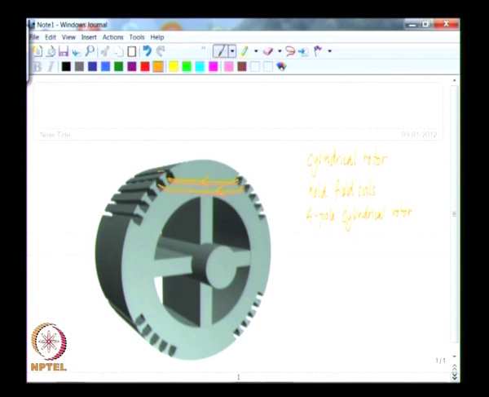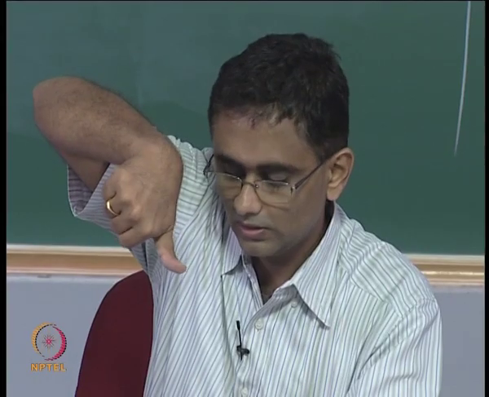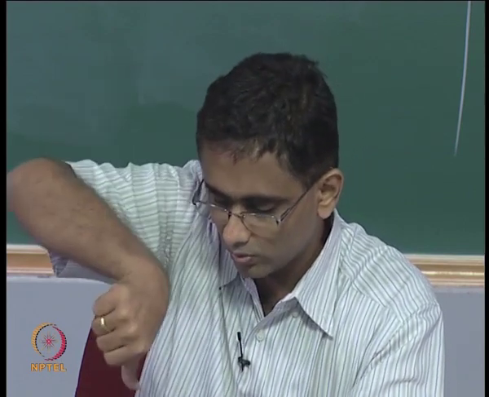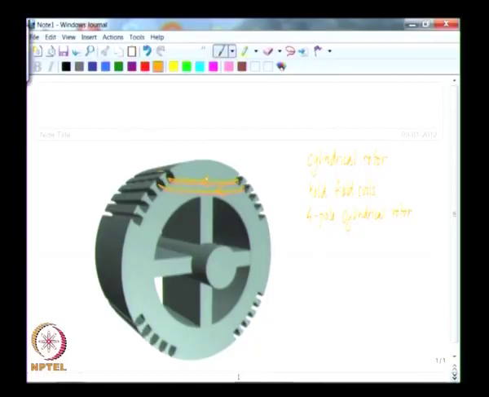So, you are having currents that are flowing in, and that means the field generated by the coil will be downwards, and therefore, this part of the rotor surface will generate a south pole field, and the next side has to generate a north pole field.